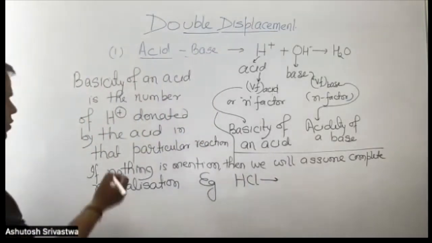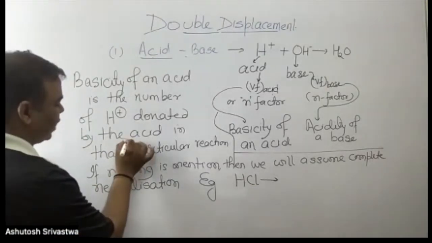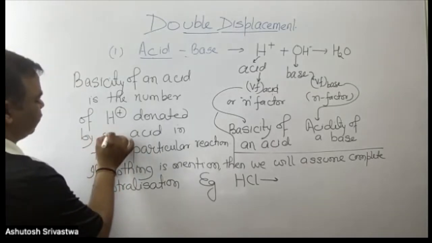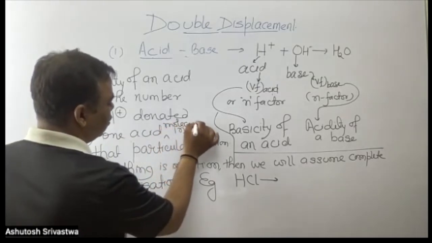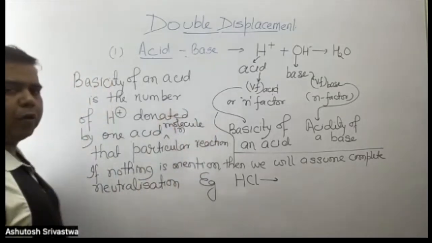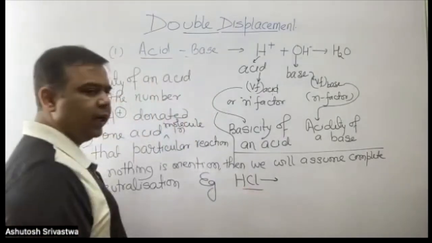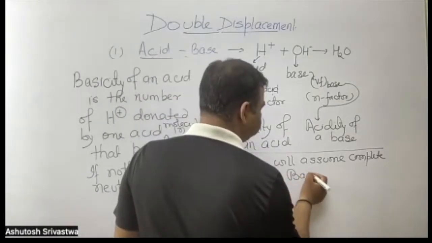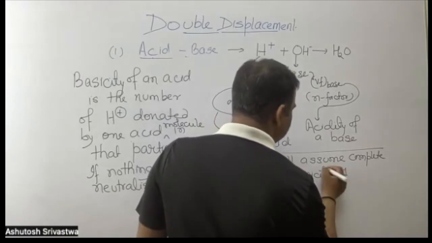Please understand what is donated by one acid molecule. HCl contains only one H that can be ionized, so basicity is equal to 1.